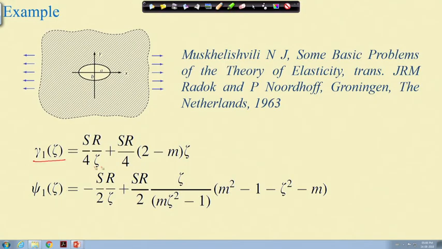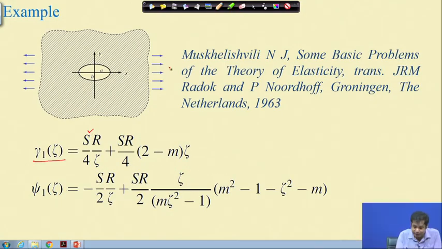Here S is the stress, r is the parameter used in the map, m is also a parameter, and zeta is on the unit circle.